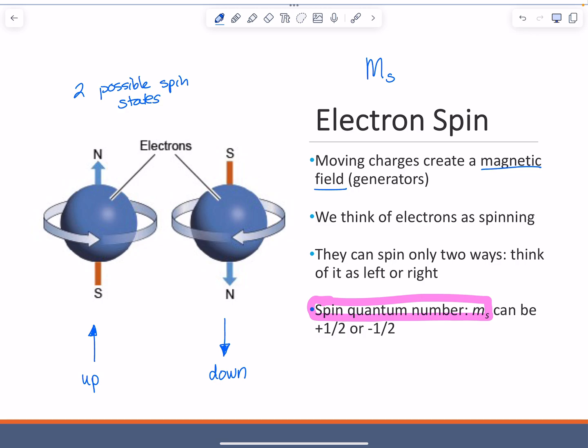The spinning happens going to the left or counterclockwise, or clockwise going to the right. That produces a magnetic field that's either up or down. And so we call the spin state of the electron either up or down, and we use little arrows to refer to it as the up or down spin. So that's our final quantum number.